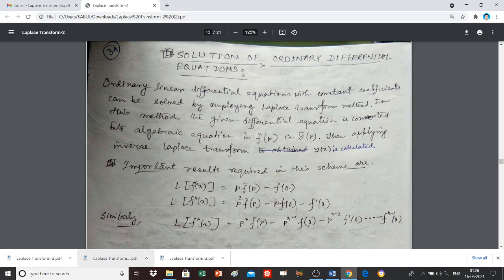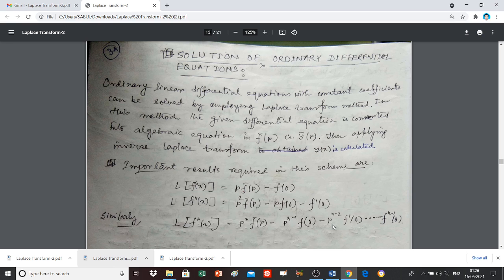The Laplace transform of f''(x) is equal to p squared F(p) minus p f(0) minus f'(0). In this way, for the nth order derivative of f(x), L of f^(n)(x) is equal to p^n F(p) minus p^(n-1) f(0) minus p^(n-2) f'(0).